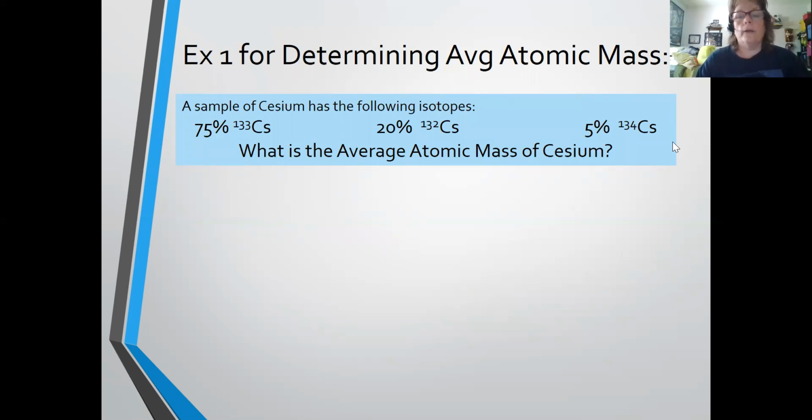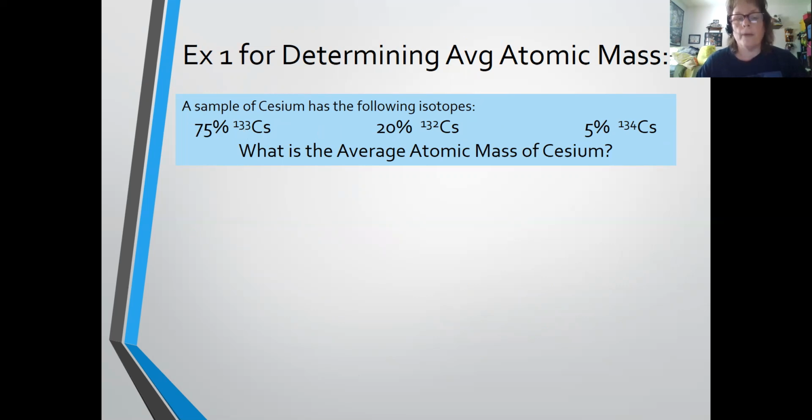Trying to determine the average atomic mass for a sample of cesium. Cesium is found on the periodic table. It has the following isotopes in these percent abundances. So 75% of the isotopes are cesium-133. Again, that superscript number next to the symbol represents its atomic mass.